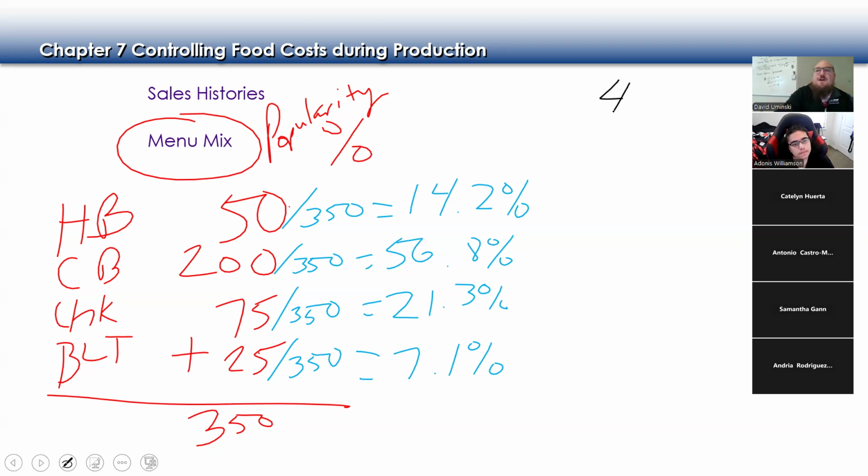Okay, so what if we have 425 people coming instead of 350? How many of these items do we prepare? Well, over here we divided, right? So what's the opposite of division? Multiplication. So now we're going to multiply by our total number of 425.